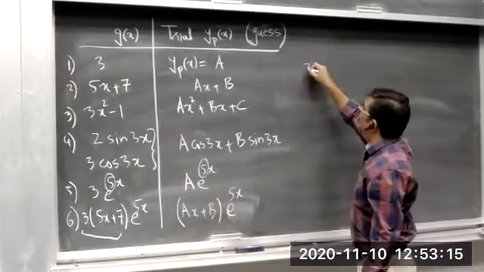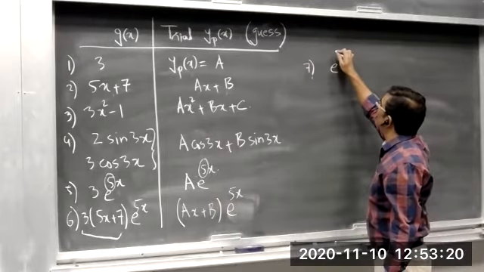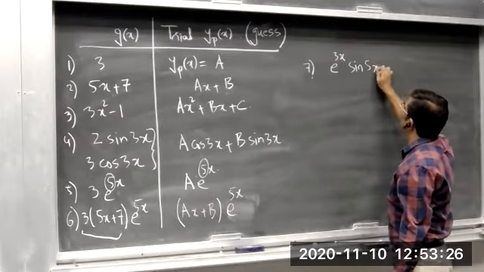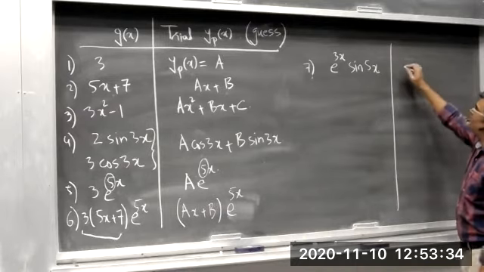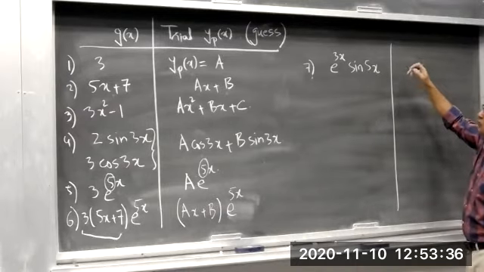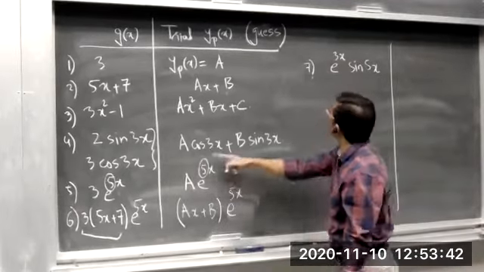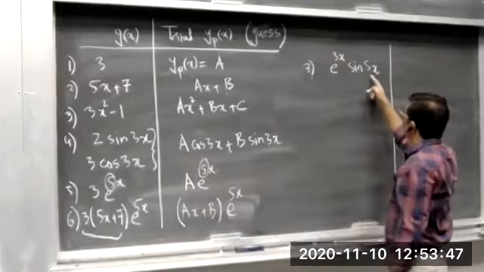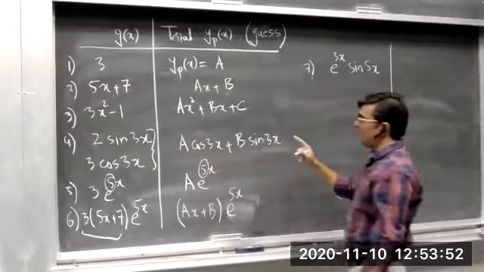For example, another case: if we have exponential 3x times sine maybe 5x. Here we have a product of an exponential and a trigonometric function. In this case, the initial guess for yp could be what? The initial guess of this exponential of 3x will be a constant times e raised power 3x, and the initial guess of this function is a times cos 5x plus b times sine 5x.